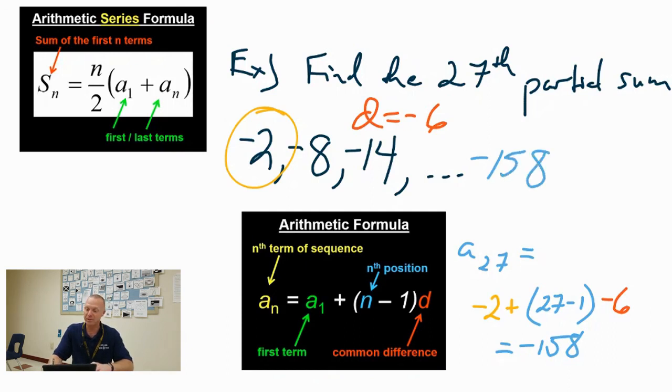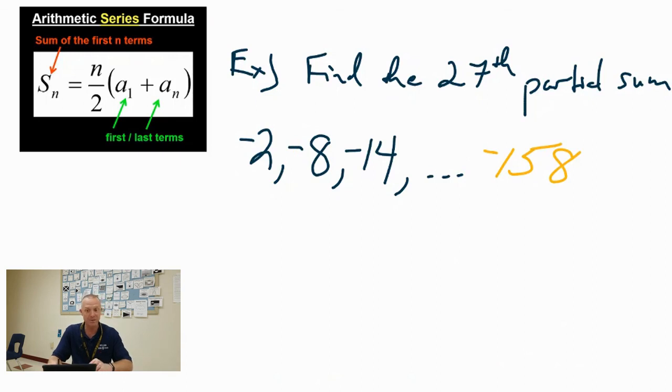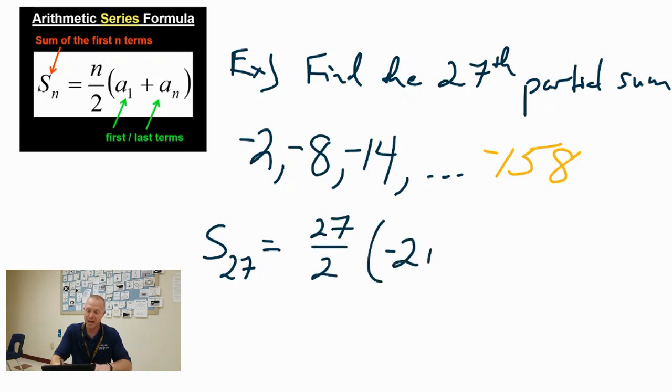Now, what you want to realize is that's kind of the missing piece to this problem, because now that I know that the 27th number is -158, I can plug into my series formula to find the 27th partial sum, which again is just fancy talk for let's add up these 27 numbers. Well, since I know that it's 27, we can divide that by 2, and then I just need the first term and the last term. Look, 2 things I wanted you to notice from this problem.